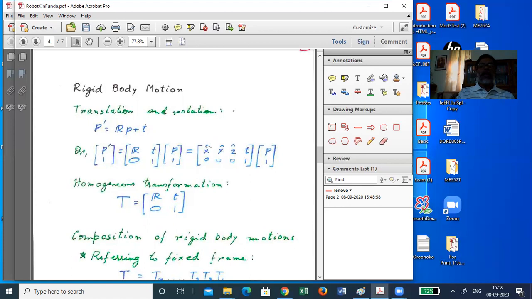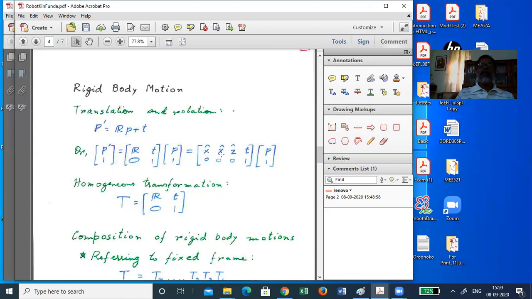Okay. So the 3 columns of the 3 by 3 matrix R will basically represent the 3 unit vectors along the coordinate directions of a frame, which is different from the base frame in which the whole thing is described through this particular rotation. Okay. So when you give this rotation to a frame, then it changes its orientation, and from an identity orientation, it takes a different orientation.